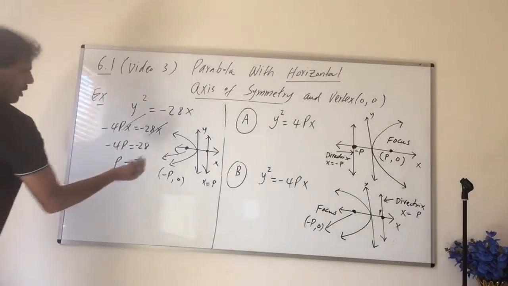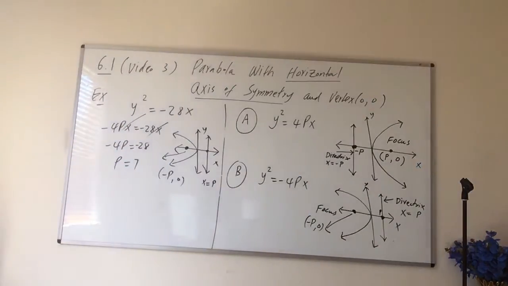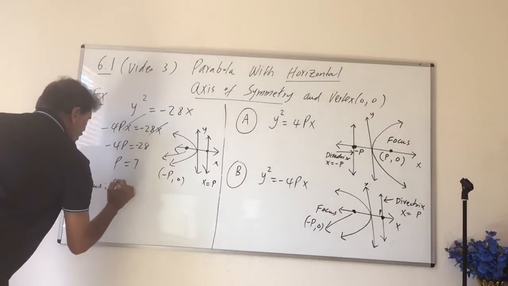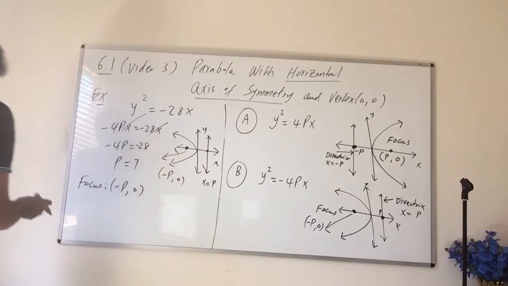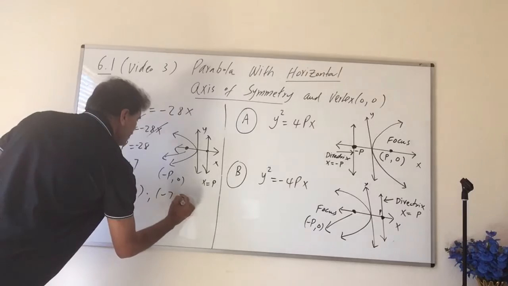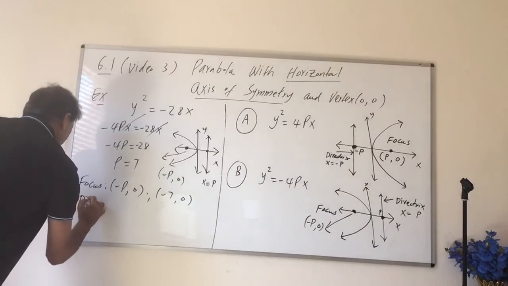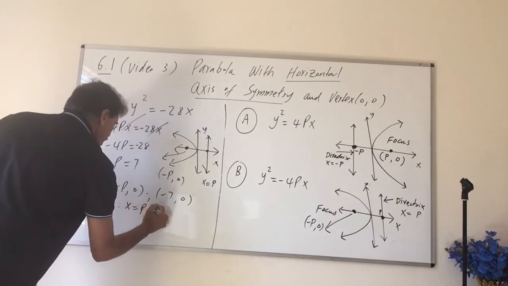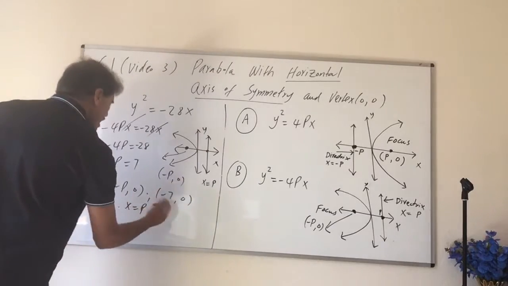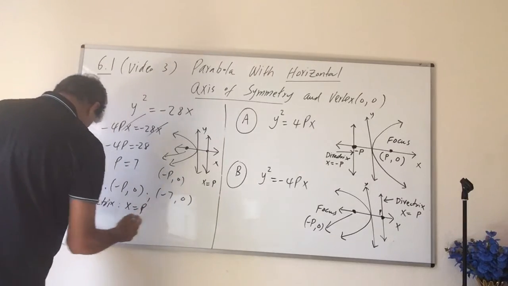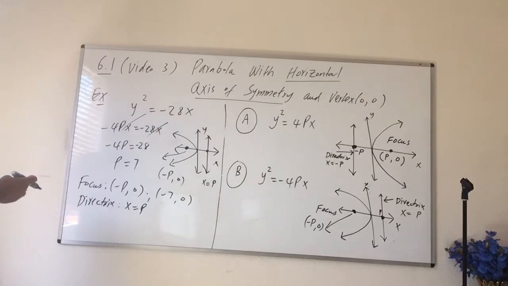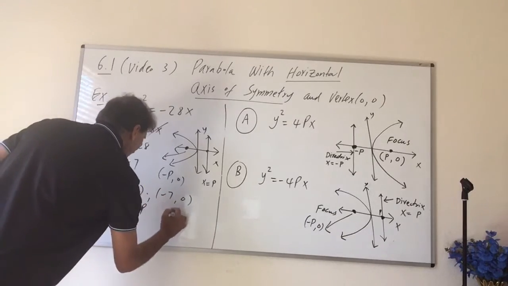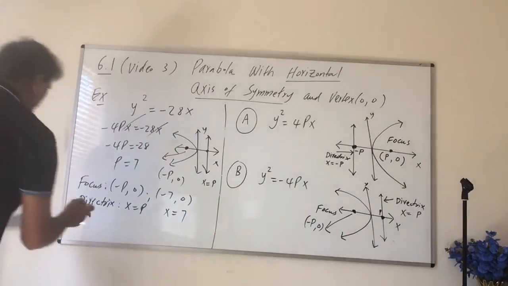Now we can answer. If you get the p, then it's really straightforward. The focus in this case is negative p, 0, so the focus must be negative 7, 0. The directrix is x equals p, so it's the opposite of the focus. With p equals 7, x equals 7 is the directrix. The other two pieces of information are the same.